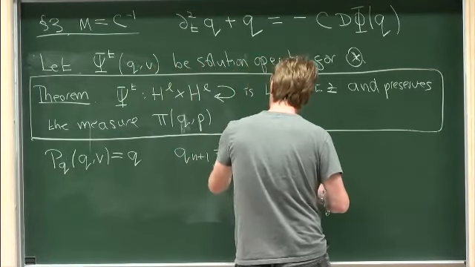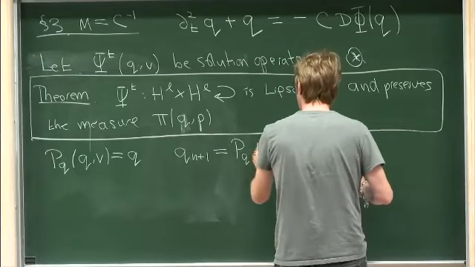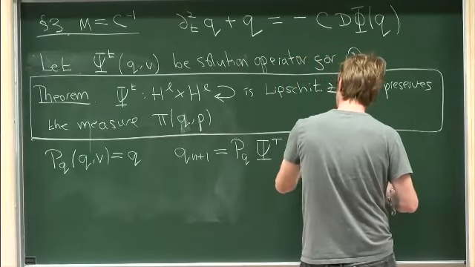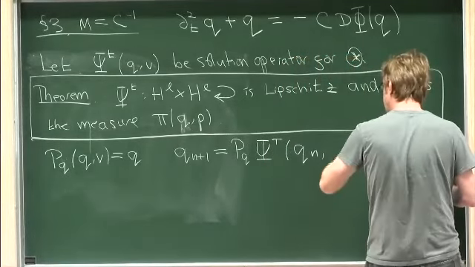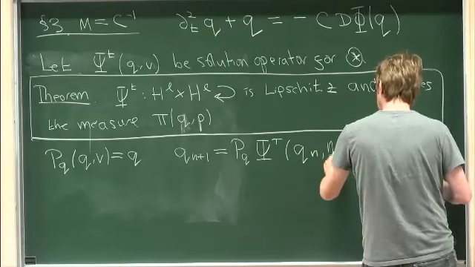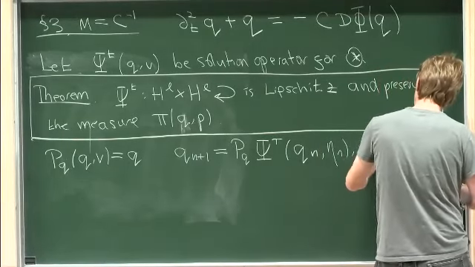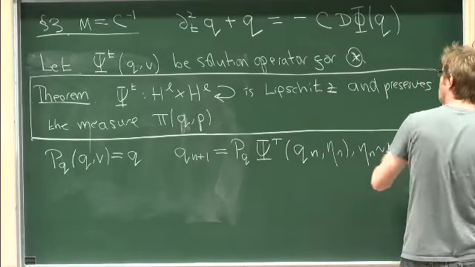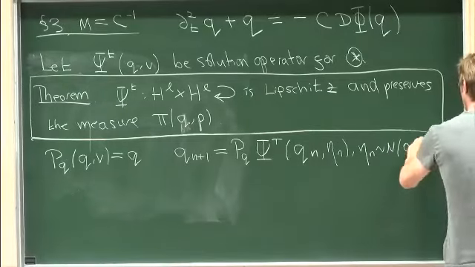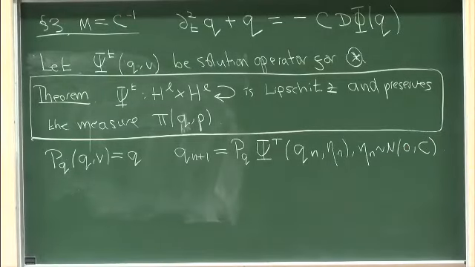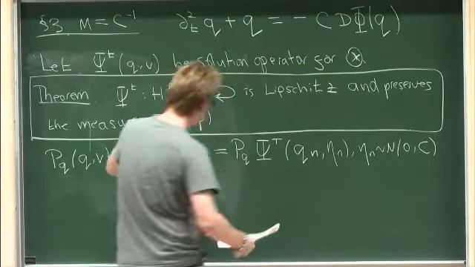Q_{n+1} is P_q of the flow of the Hamiltonian system starting from (Q_n, ξ_n), and randomize the velocity ξ_n, where ξ_n is Gaussian from N(0, C). So that gives a Markov chain.